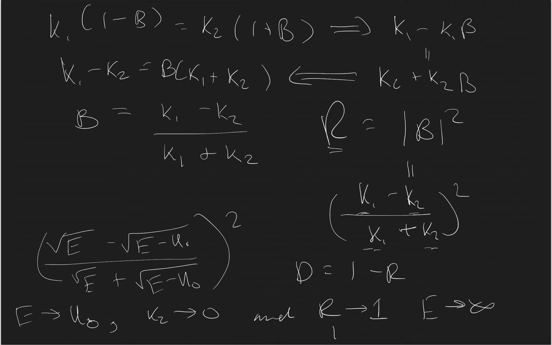Sorry, I was reading this wrong. So as the energy is equal to the potential energy at that wall, k2 is going to go to 0, and the reflection coefficient is going to be 1. So the magnitude of that reflection is completely there.